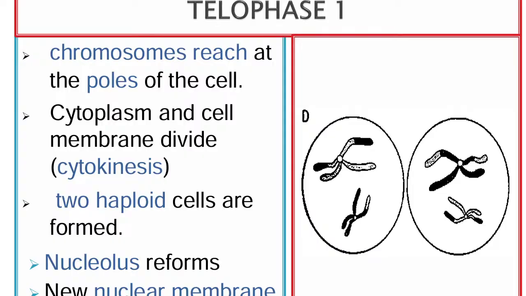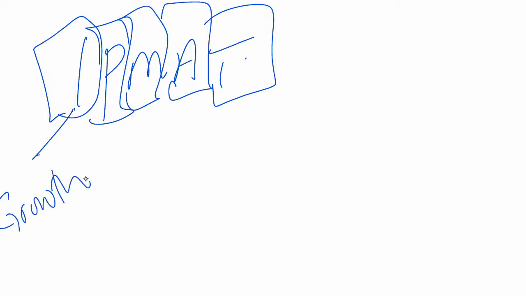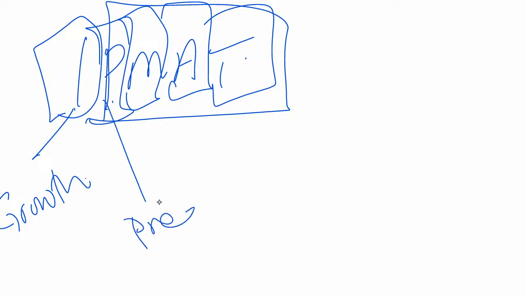When you say metaphase, what you need to know is IPMAT, isn't it? Interphase, prophase, metaphase, anaphase, telophase. Interphase is what I always call the growth phase. That's when it's growing. And then this is the reproductive cycle. So prophase is what we call the preparation. They are preparing themselves.